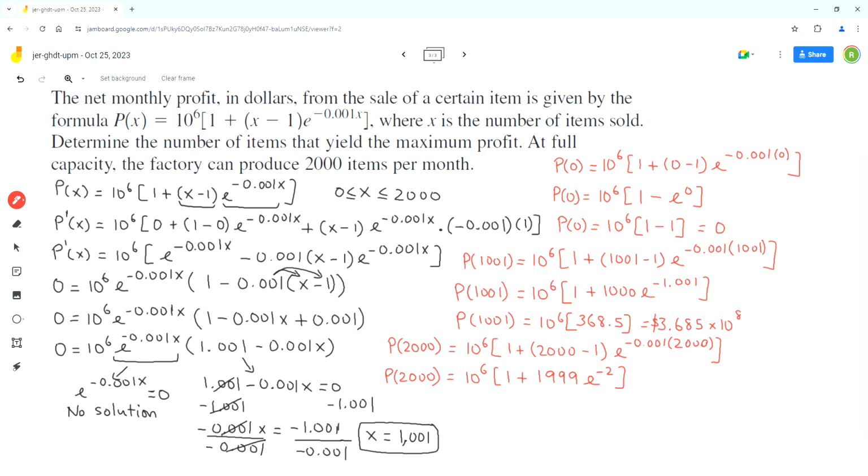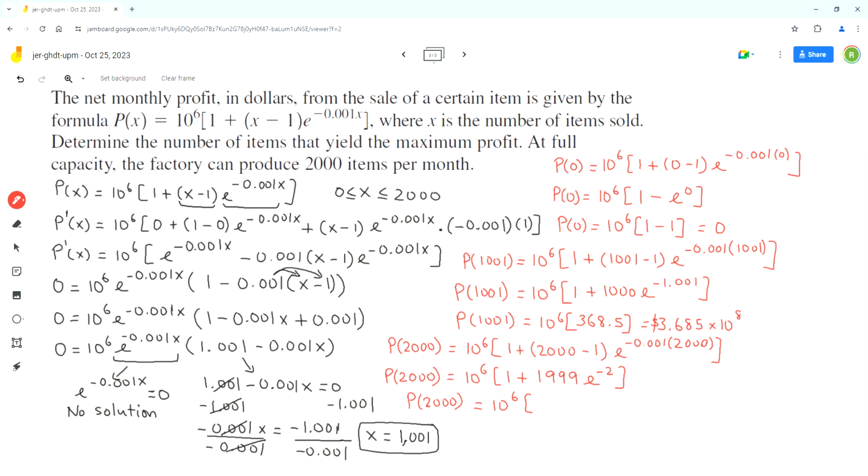Now we can simplify this expression. So first we can multiply 1999 by e to the power -2 and then add 1 to it.